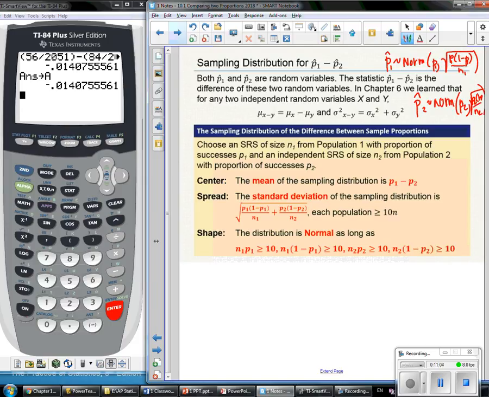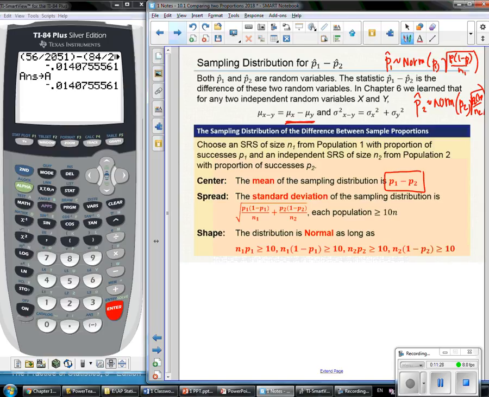So if I want to find the difference between those two random variables, if you remember, whatever I do to the random variables, I'm going to do to their means. And so the mean of my new distribution is just going to be the difference p1 minus p2. Whatever the two parameters are. In this case, I don't know. But the sampling distribution would simply just be the difference in the means.